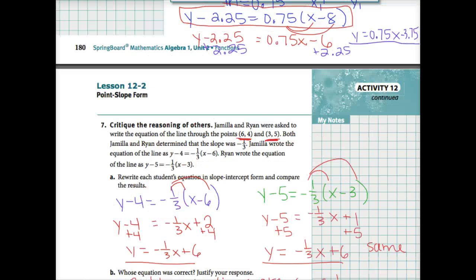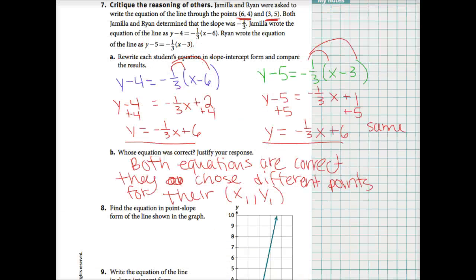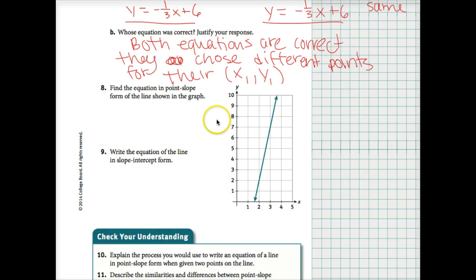Number 8. Find the equation in point-slope form of the line shown in the graph. All right, so in point-slope form, that means we can pick any point we want, and we can see how this is convenient because we can't see a y-intercept. So writing it in slope-intercept form is going to be a little difficult here.